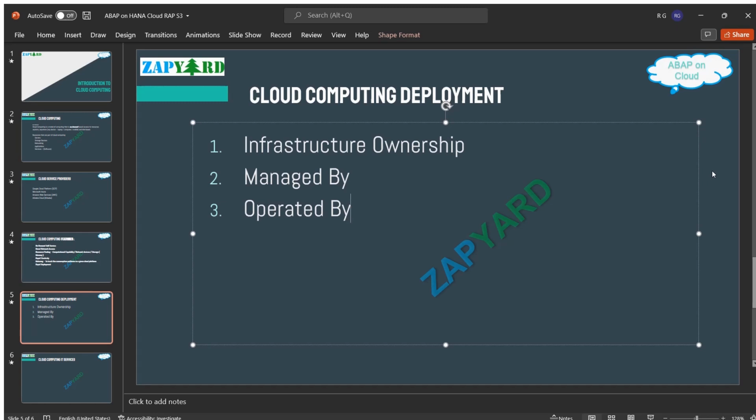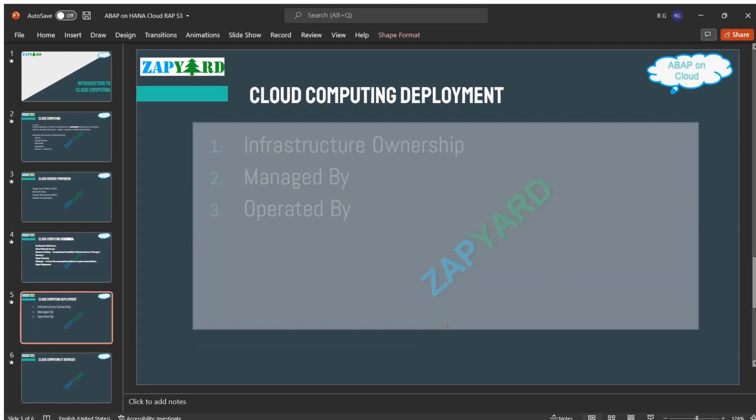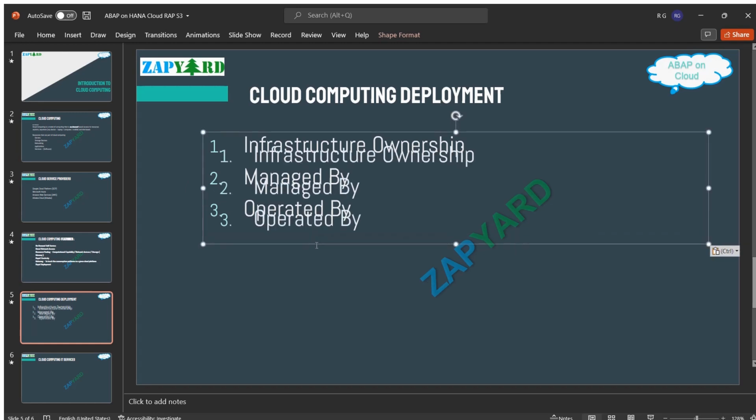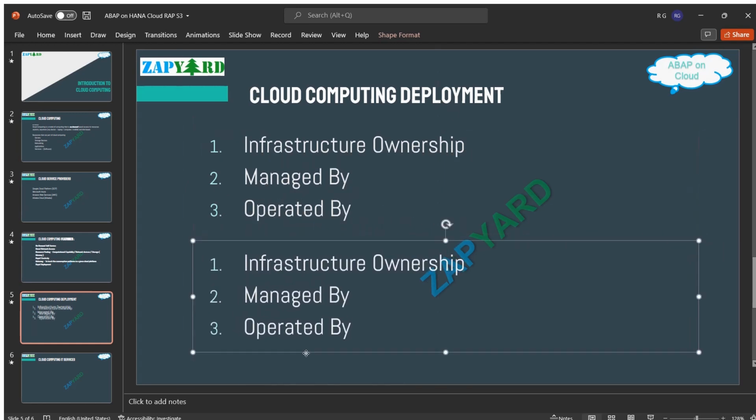So based on this, now let us try to name the different cloud computing strategies. Let us look at the three well known, very important deployment strategies. The first one is public cloud.